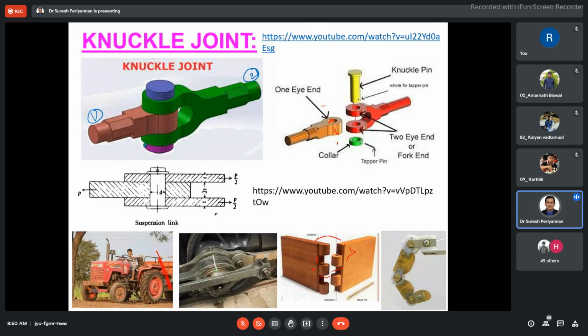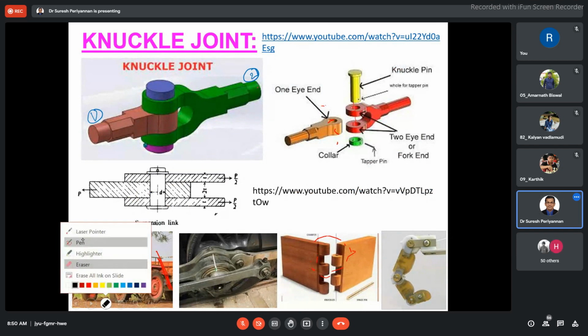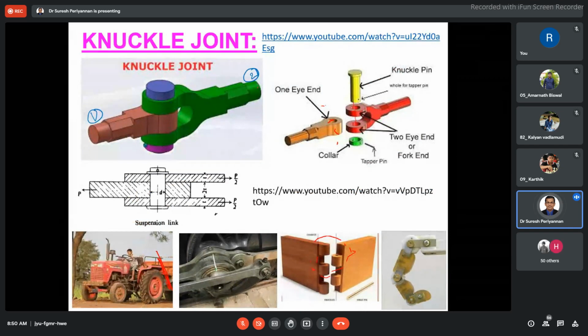See, what are the components in the knuckle joint? This is the fork. See here, these are the two eye ends, or else you can say the fork end in this component.